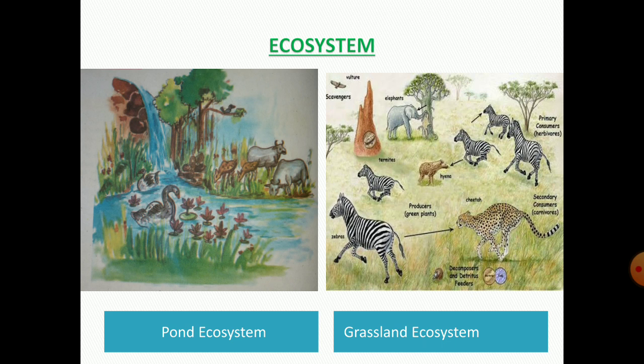This relation between living organisms, as well as the relation between organisms and their surroundings, forms the ecosystem. There could be an ecosystem of a large rainforest, grassland, desert, mountains, lake, river, ocean, even a small pond. In your picture, you find two ecosystems: a pond ecosystem and a grass ecosystem.